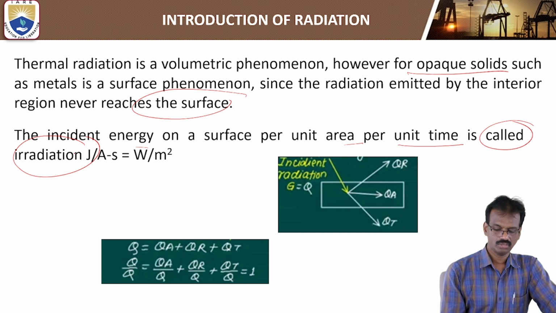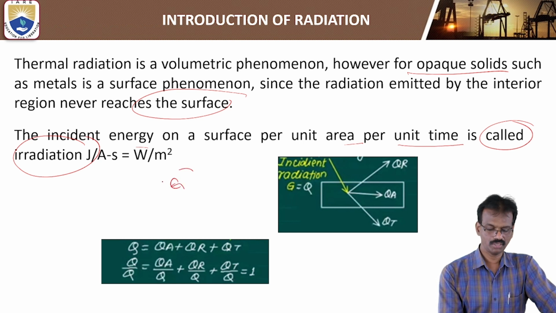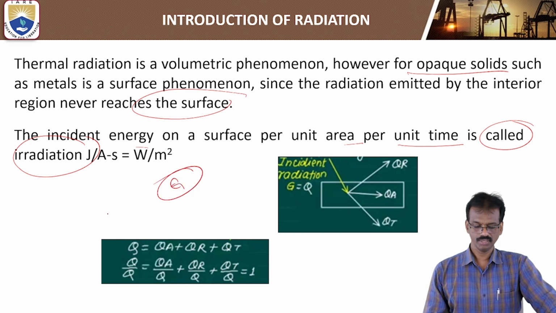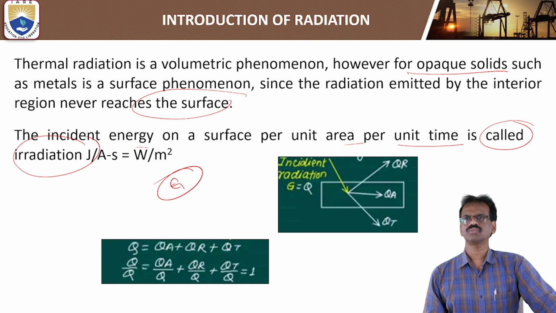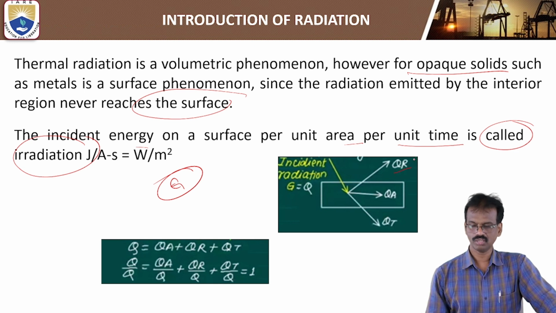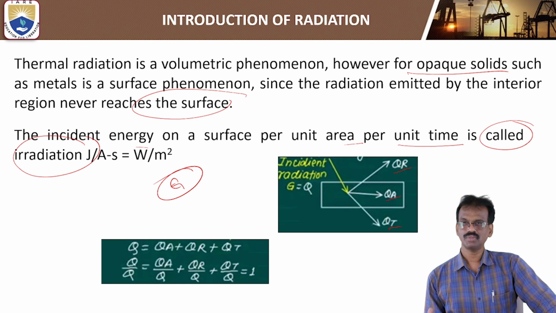So incident radiation, or Q, is represented by G. It will be divided into three portions: Q R, the reflected portion; Q A, the absorbed portion; and Q T, the transmitted portion. Some portion of energy will be absorbed, some reflected, some transmitted.